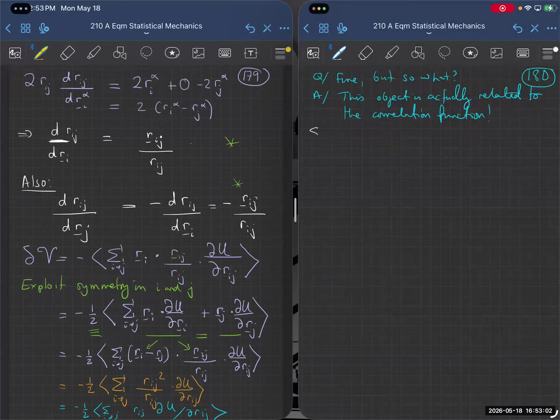The thing that we're really going to talk about is the 2-point correlation function.